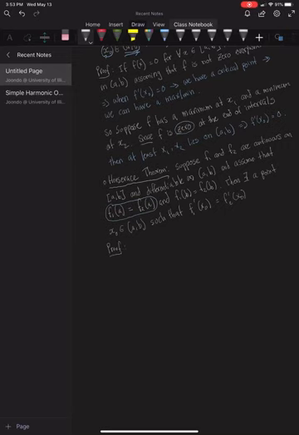Let f of x be the difference of f1 and f2, such that f1 of x minus f2 of x equals 0.